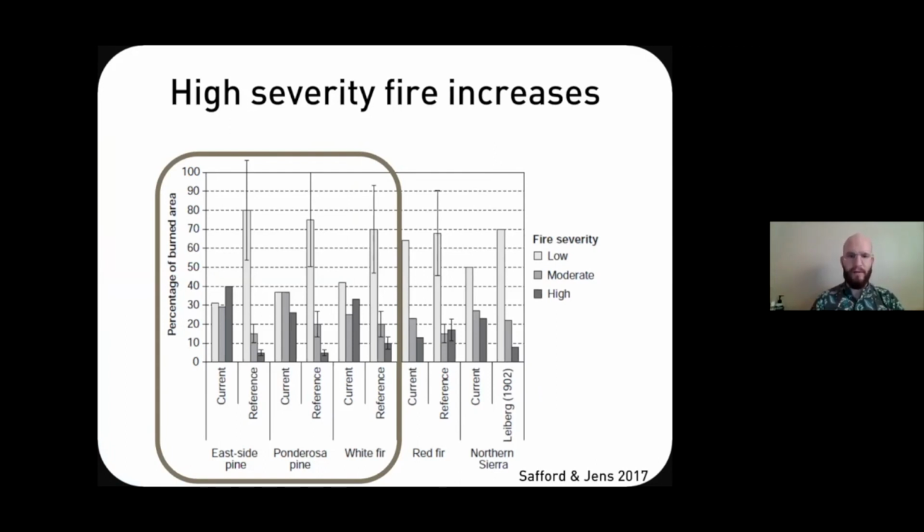We can see that low severity fire has dramatically decreased, whereas high severity fires have increased quite a bit. And fire severity just describes the percent of trees that have died during a fire. So a high mortality or a high severity fire leads to forests and burns with few living trees remaining.